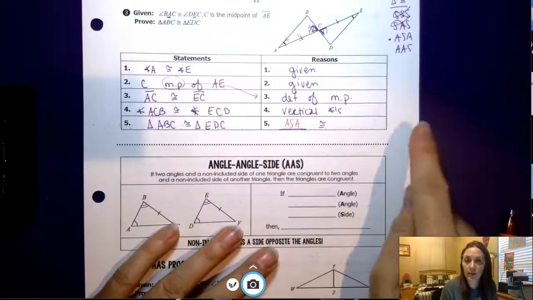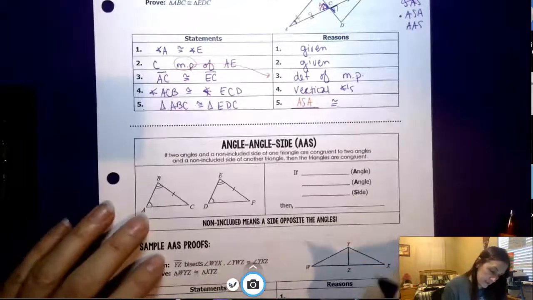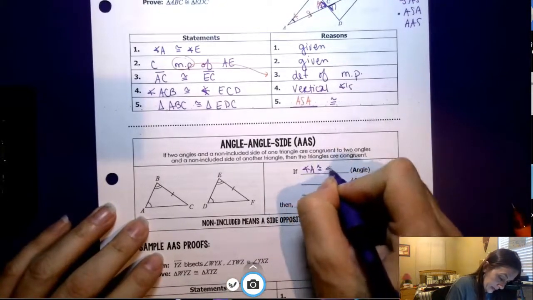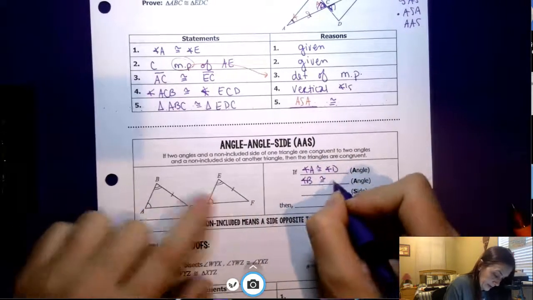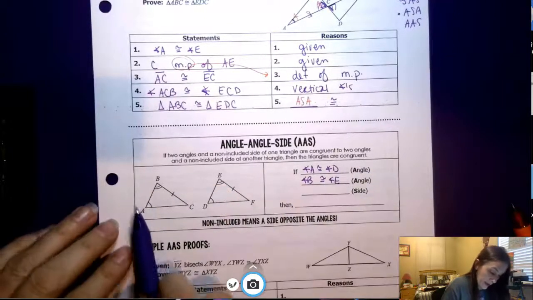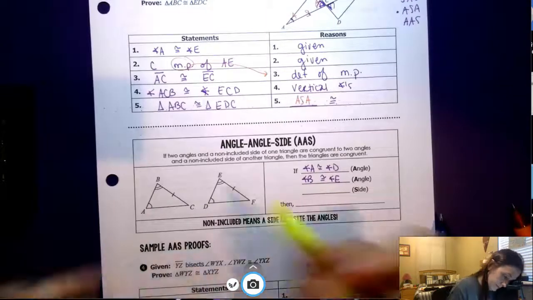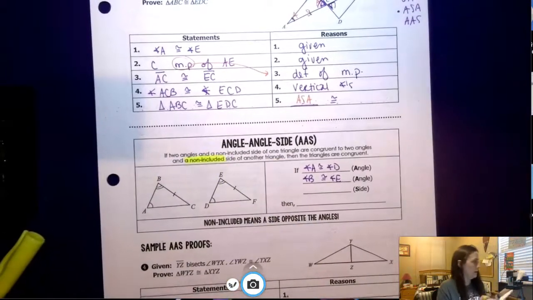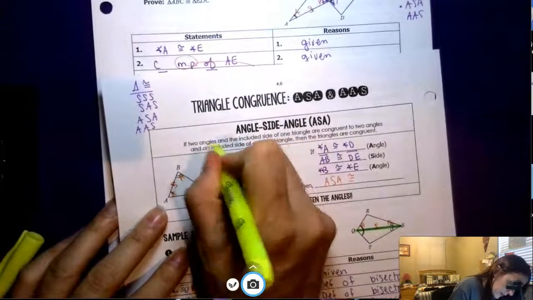Okay, so the fourth one we're going to talk about is angle, angle, side. Angle, angle, side means I need angle A to be congruent to angle D. I need angle B to be congruent to angle E. And now the non-included side. We go back here, two angles and an included side.